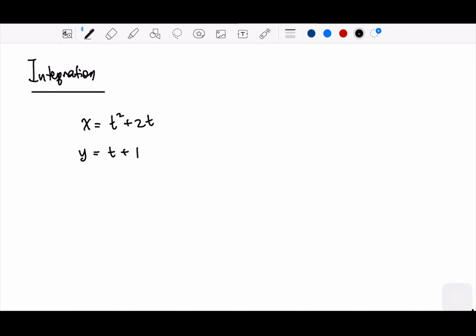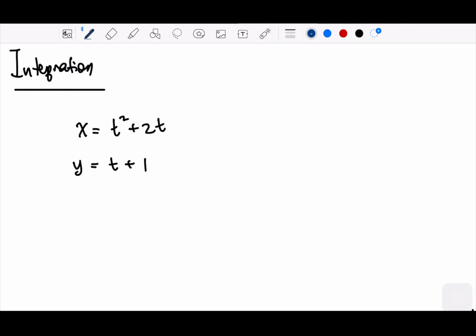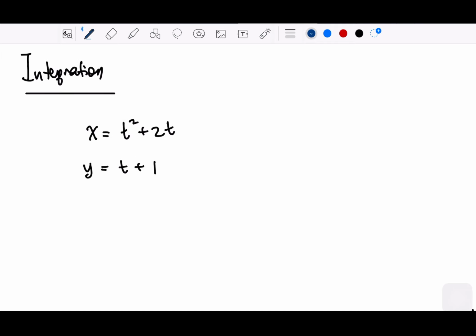If you would like to try, first you could eliminate the t if you want. Okay, let's try. So t is 1 plus y. Let me try this one.